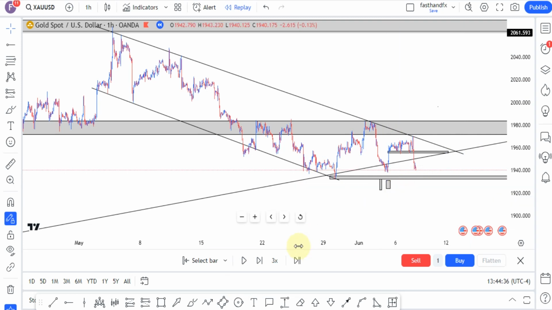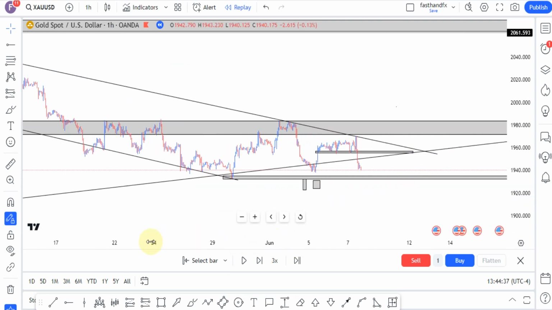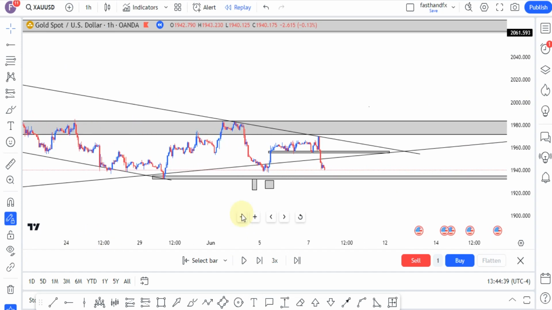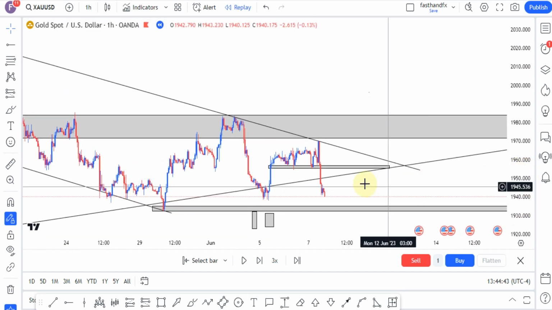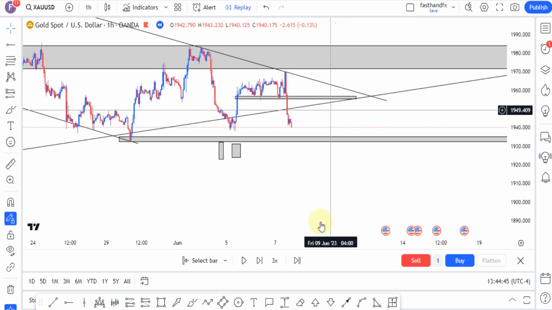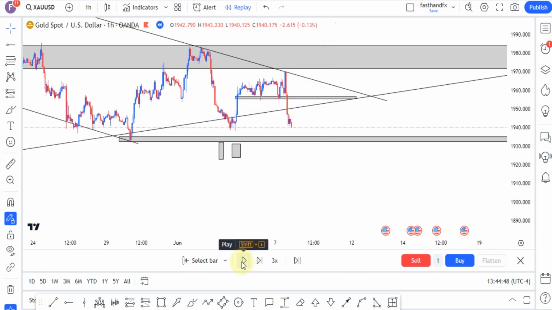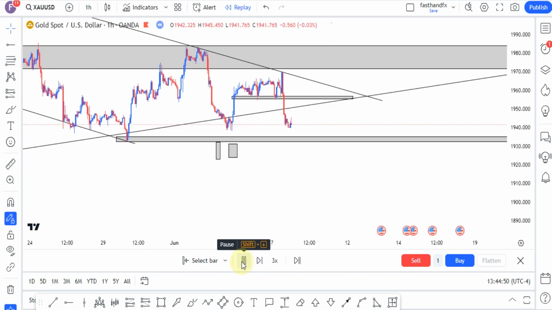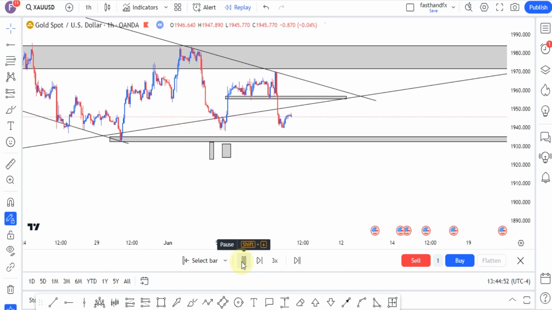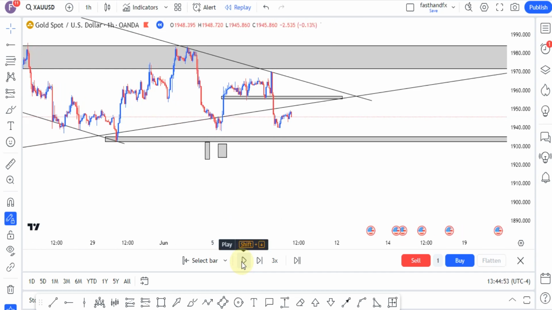So let's see if the market will give us another correction. Then we do try to find an entry and try to take advantage of the market. So as you can see guys, the market is giving us a correction after breaking below this area.